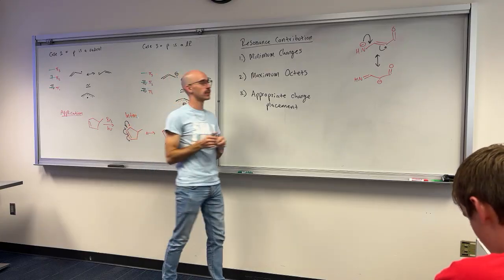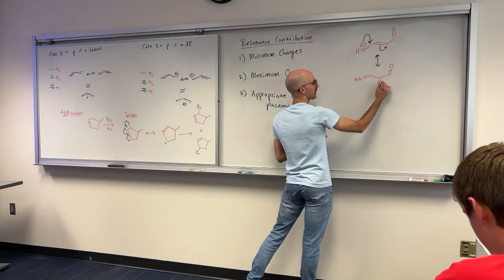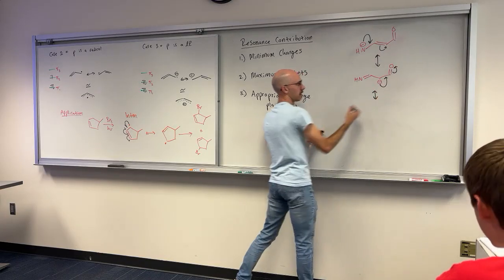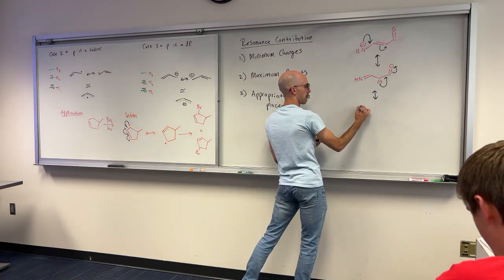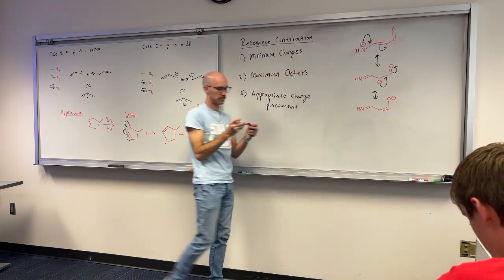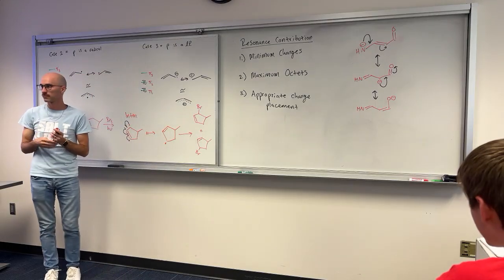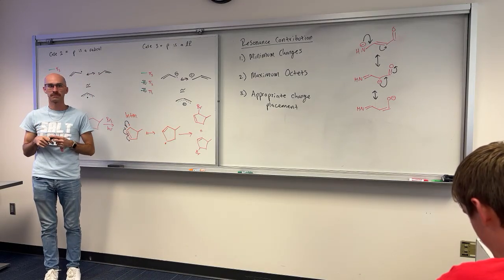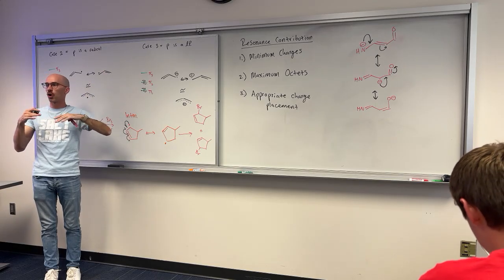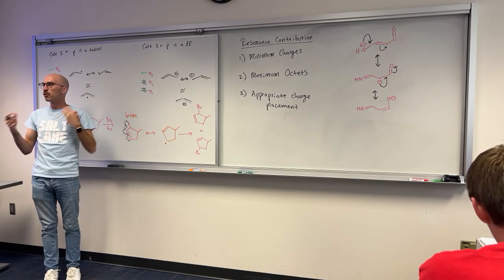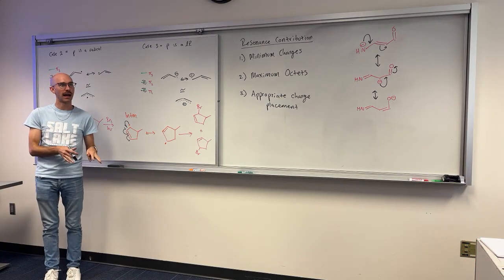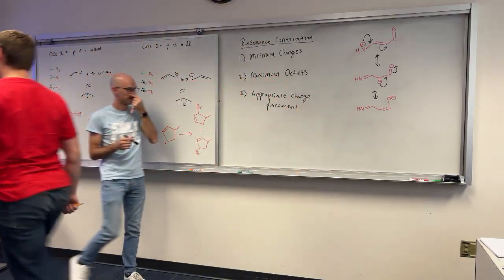And now this carbon can also share its lone pair with the oxygen. These 3 resonance forms are all separated by a movement across 3 atoms. 1 atom has the charge, 2 atoms have the pi bond.